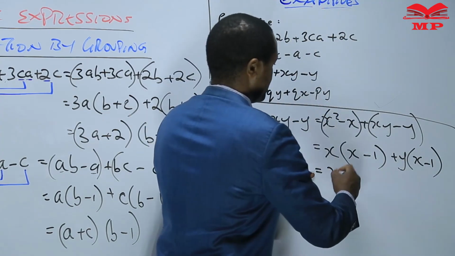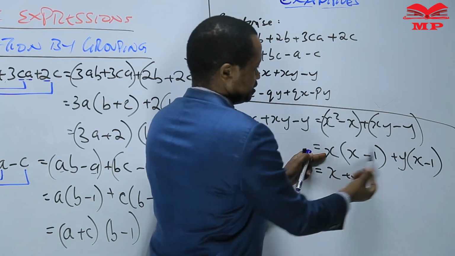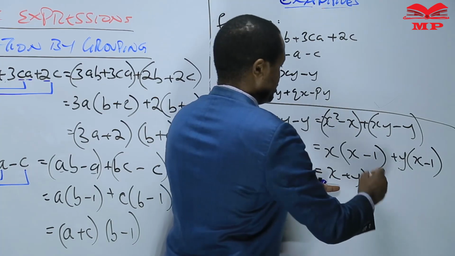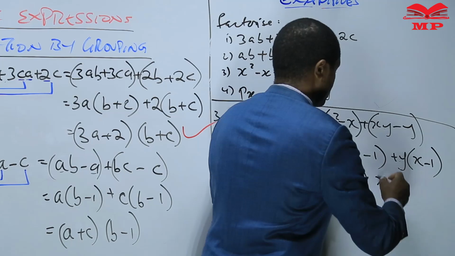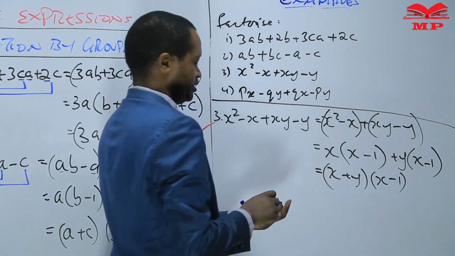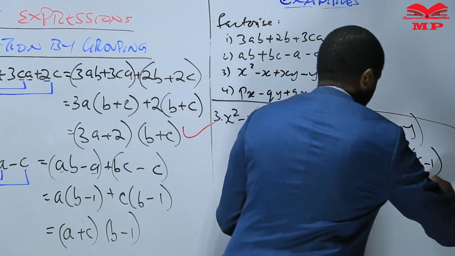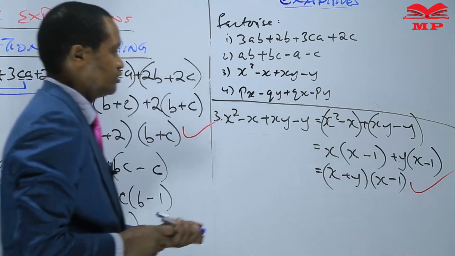So the answer is x plus y, then x minus 1. So that is the answer. Correct.